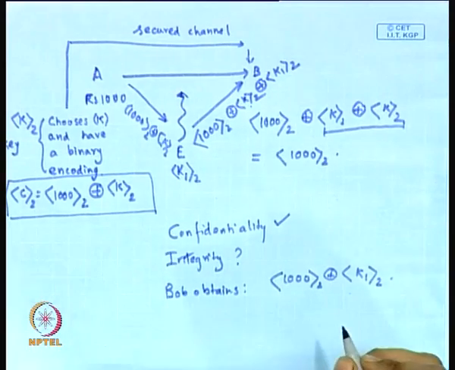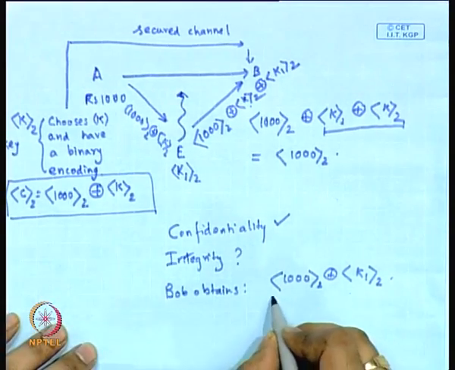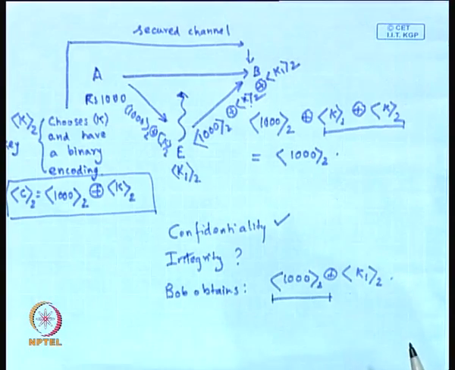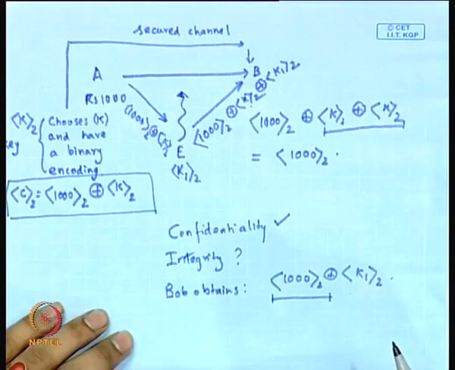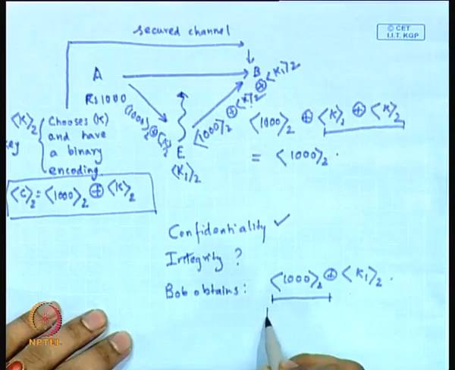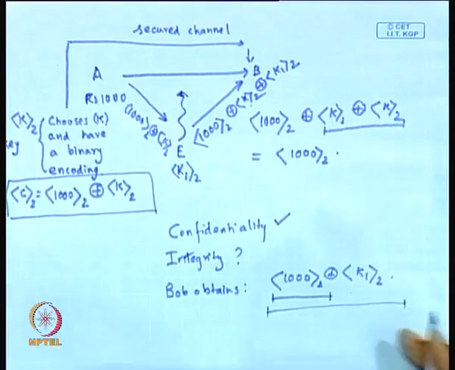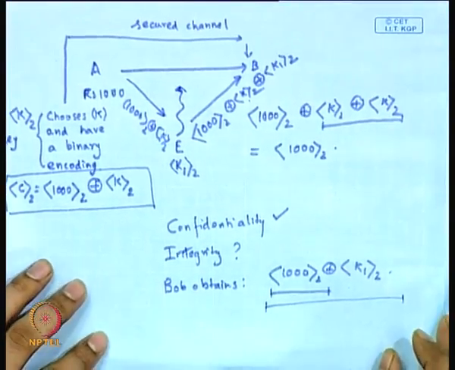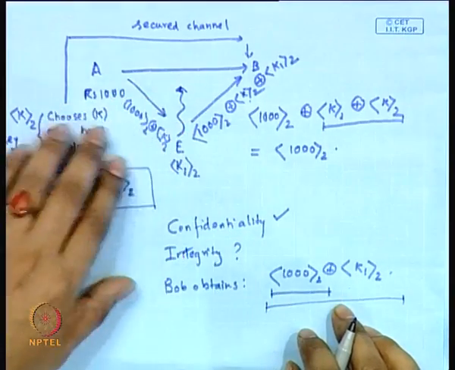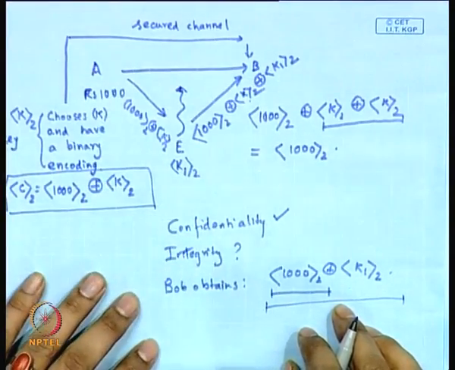Bob is supposed to obtain that a transaction of ₹1000 has taken place, but instead Bob understands that a transaction of 1000 XORed with some non-zero number has taken place. So the objective of Alice and Bob is sabotaged.